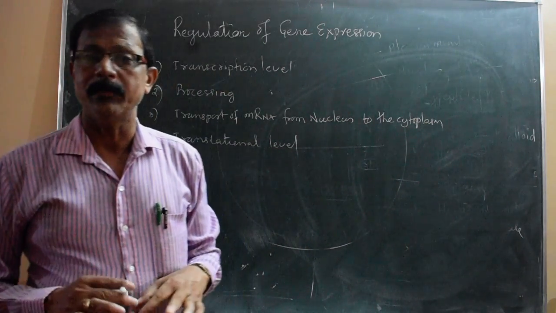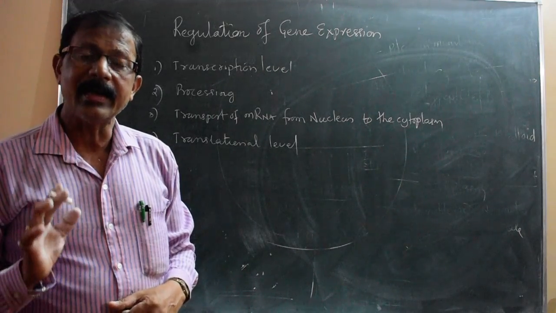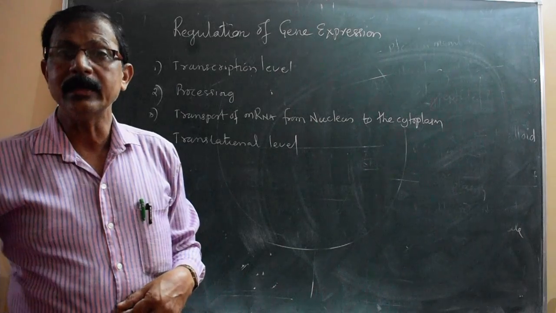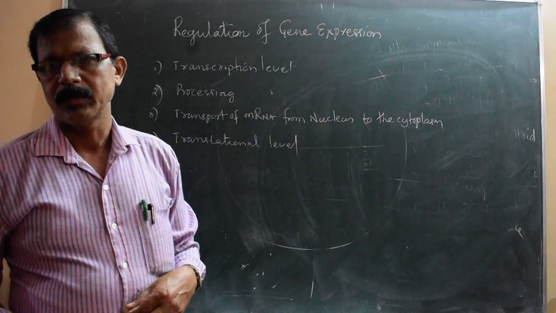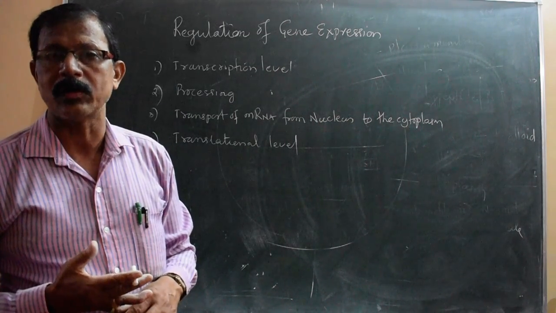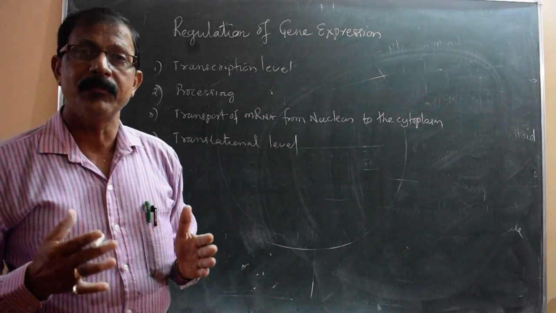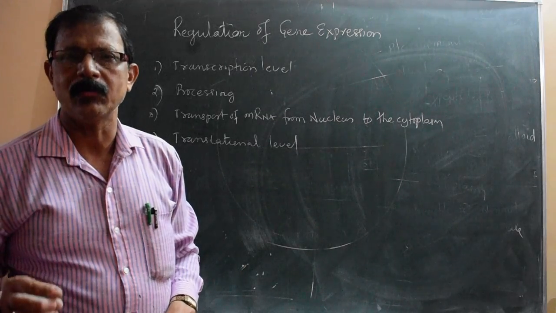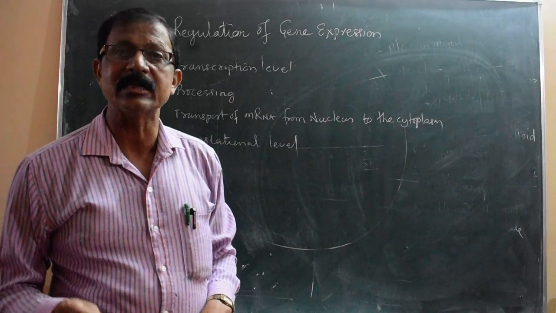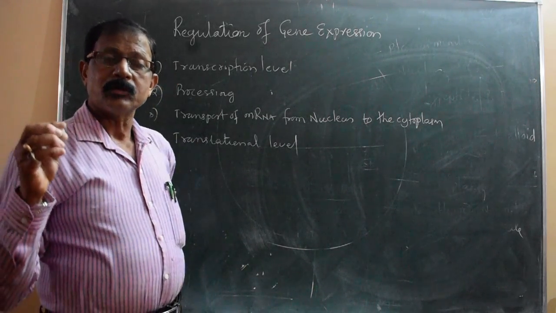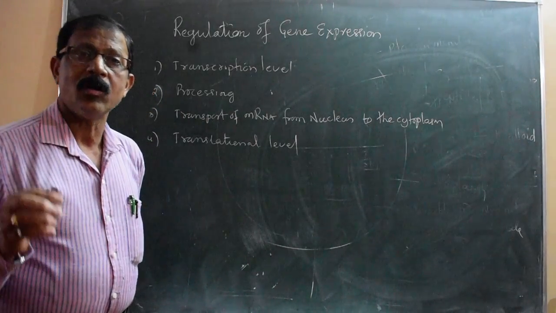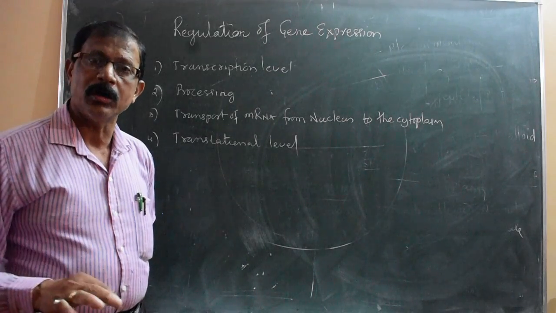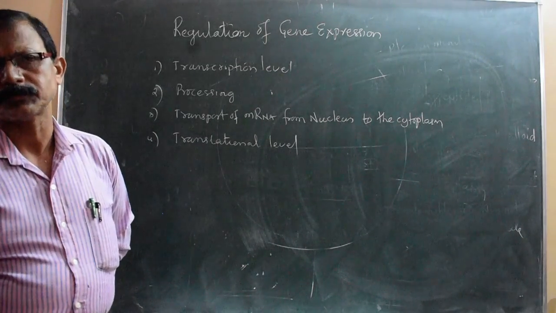Processing means the transcription unit is immature, so what should we do? Maturation. That maturation process is called the processing level, wherein splicing is the major event. What is splicing? Splicing means arranging all exons in the proper sequential order and removing the introns.